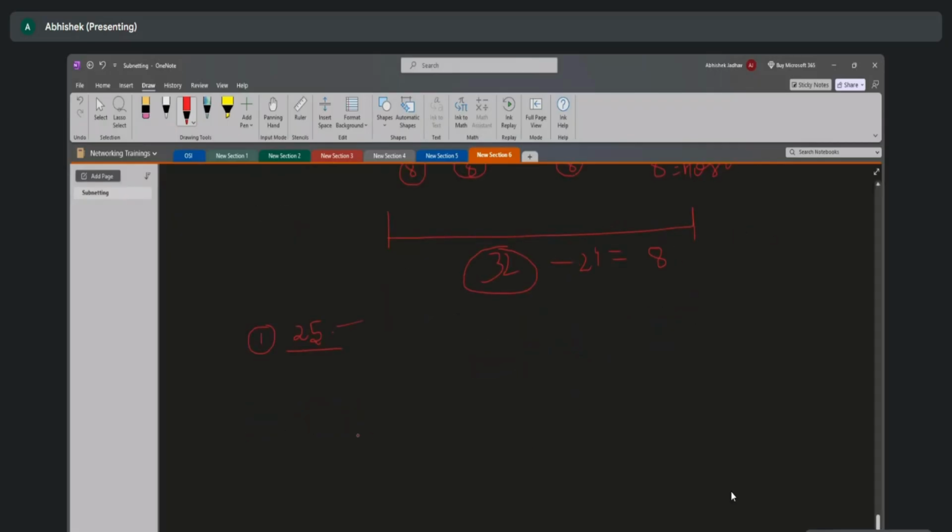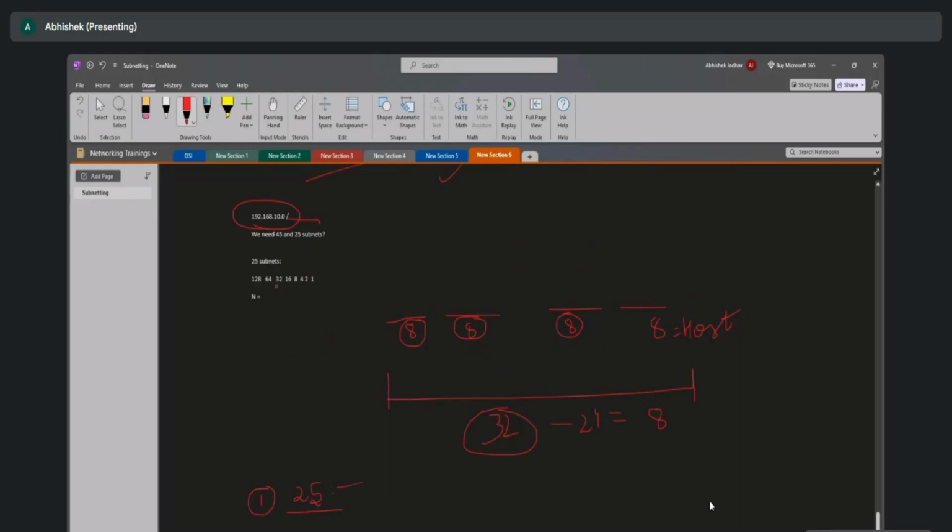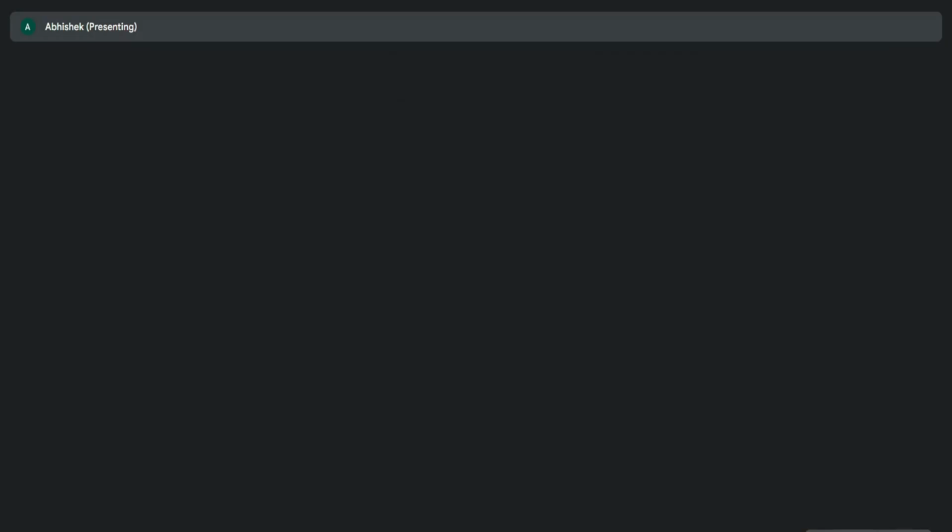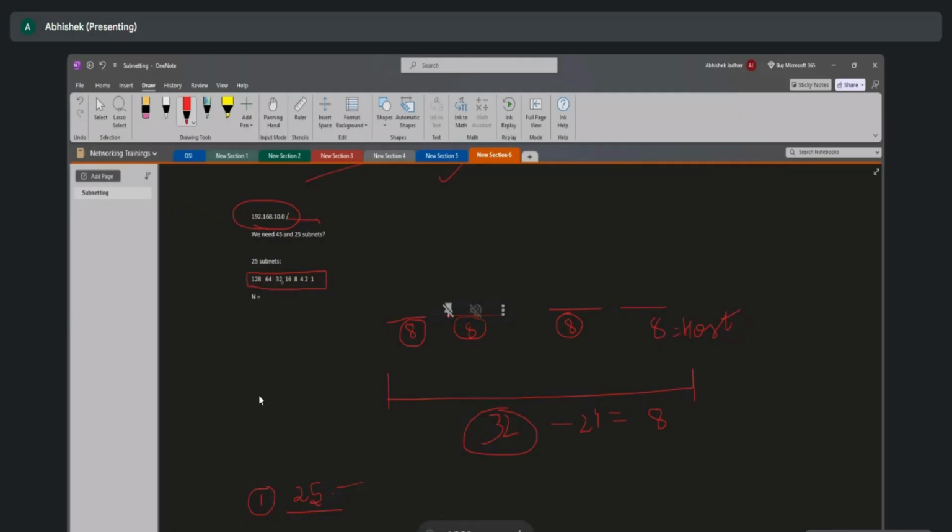Now I already told you that the initial thing we have to do is convert those bits into values so that we understand it. So we converted the values into 128, 64, 32, 16, 8, 4, 2, 1. These kinds of questions are given to test whether you are actually aware of subnetting or not.